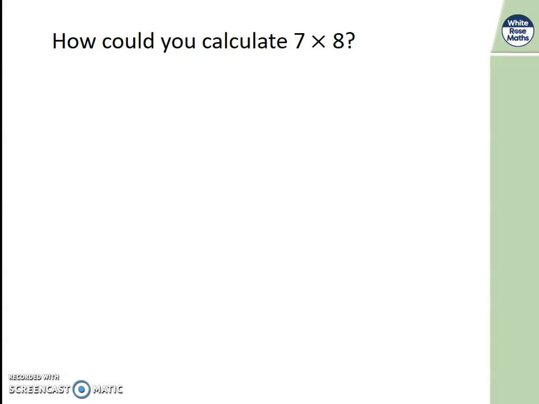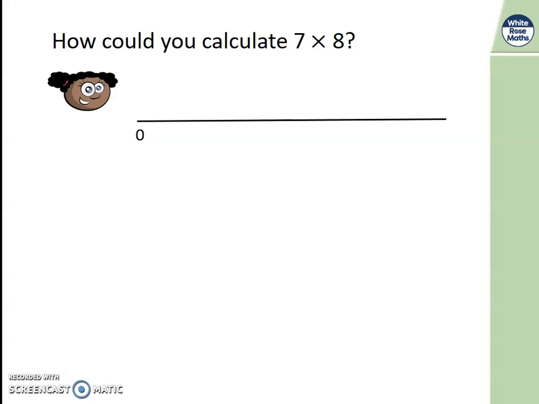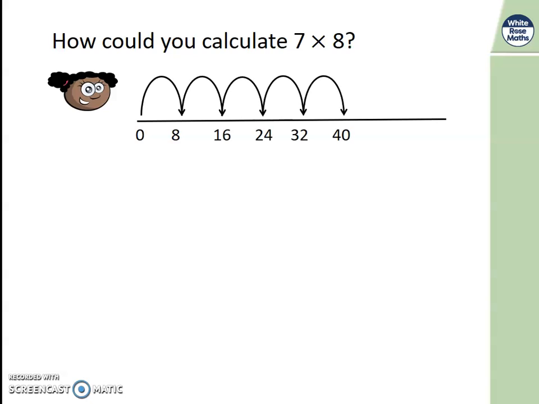So here we have another question. How would we calculate 7 times 8? Like I said, there's lots of different methods, but how would you do it? You could use a number line. You could count up in 8s 7 times. So there's 1, 2, 3, 4, 5, 6, 7, and our answer would be 56.